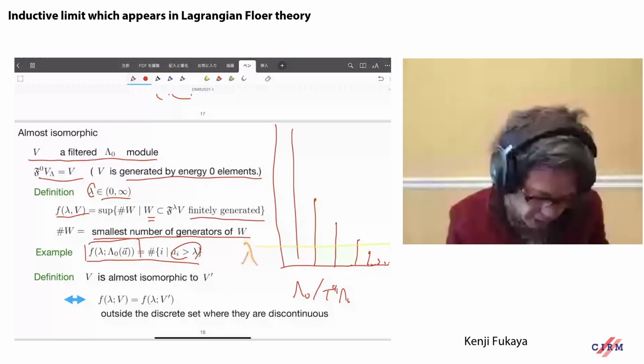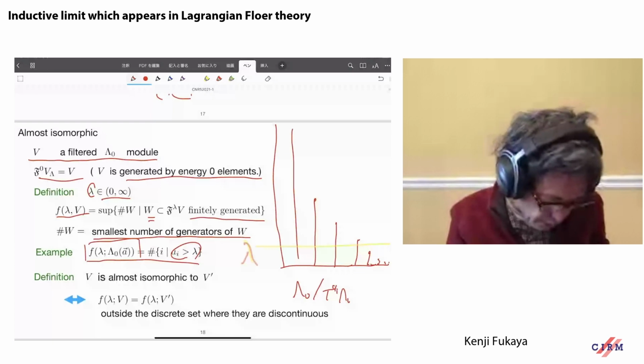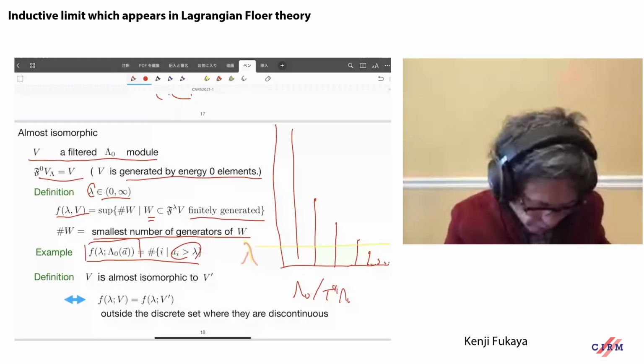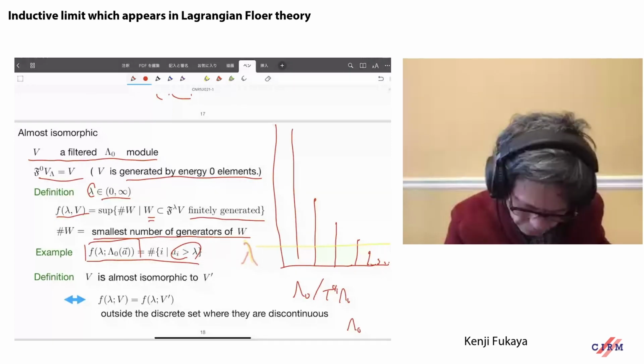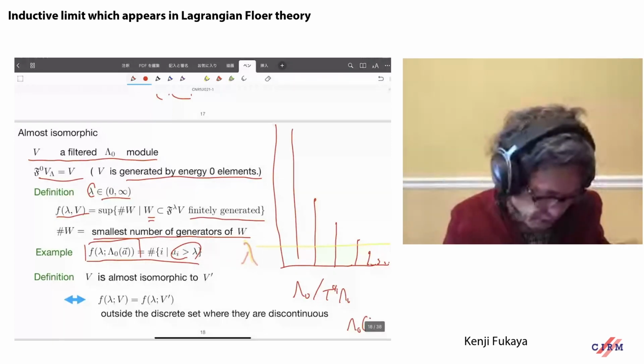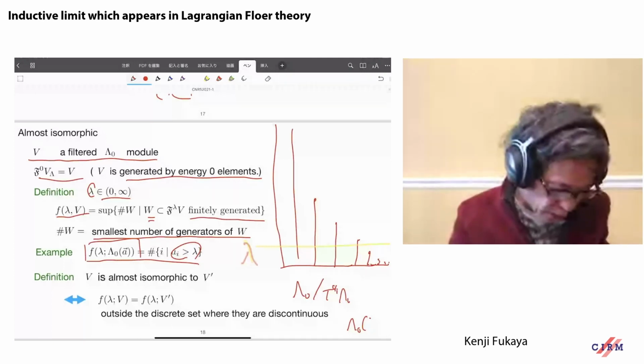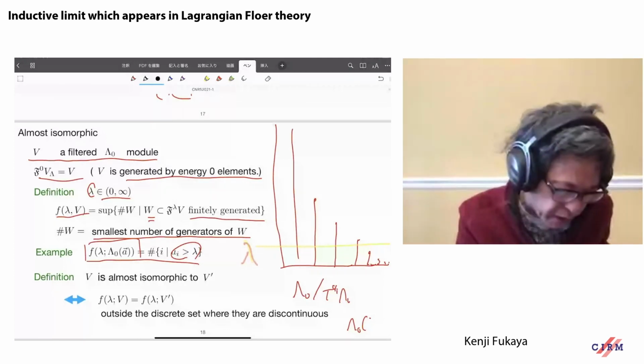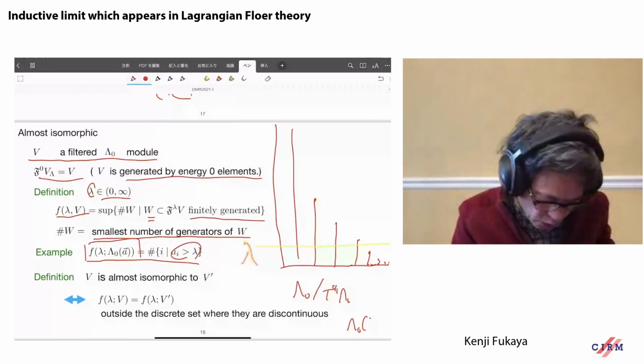And in the case of this finitely generated, the Floer homology is always in this form. So in that case, this spectral dimension determines this isomorphism type. But in a nasty case of infinitely generated case, this may not determine. And I just defined this almost isomorphic.